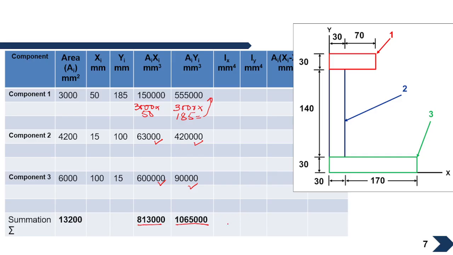Once we have done this, we can find x bar and y bar. What will be x bar? The x bar formula we have already seen: sigma AI xi divided by sigma AI. This will give me 813,000 divided by 13200, which gives the value 61.6 mm.